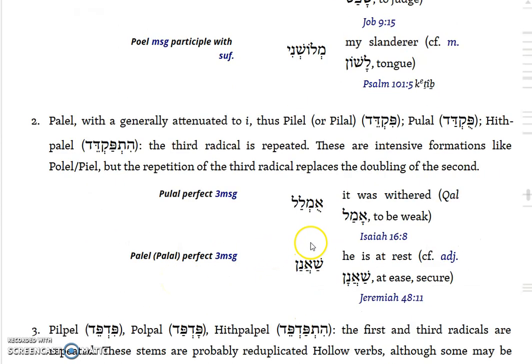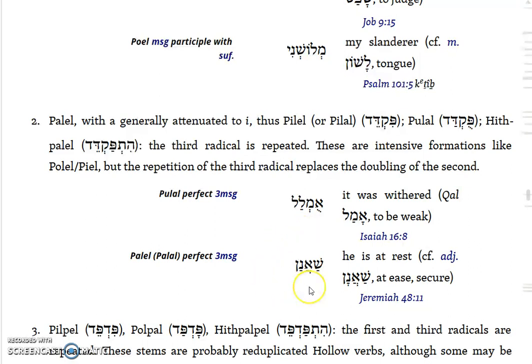And he gives you a few examples. To wither is amal, but then it was withered is umlal, and it's a pual perfect form of that root, from amal, to be weak.